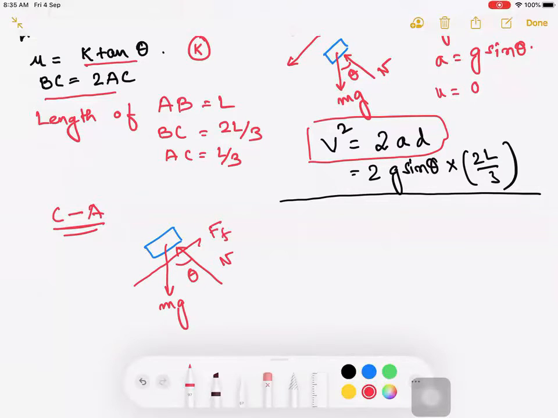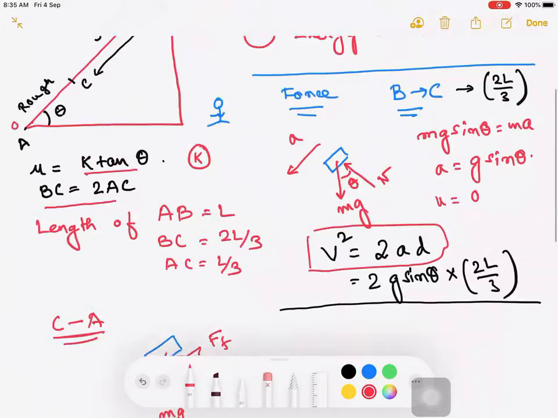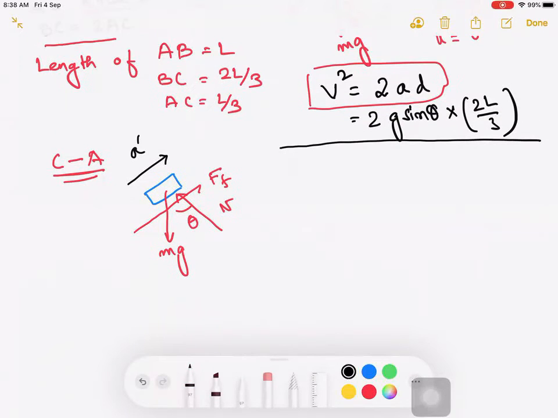Also, you should understand one thing. If the object is to come to rest at this point, that means the net force must be acting upwards, and the acceleration of the object in this portion of the motion must be upwards. That is, the object is decelerating here. So let's now write down the force equations.